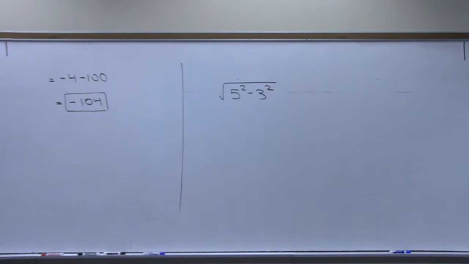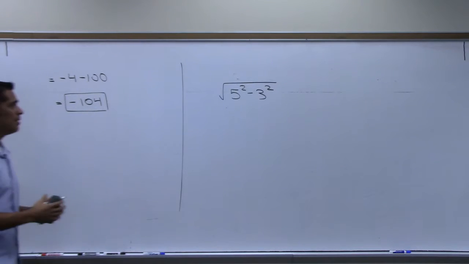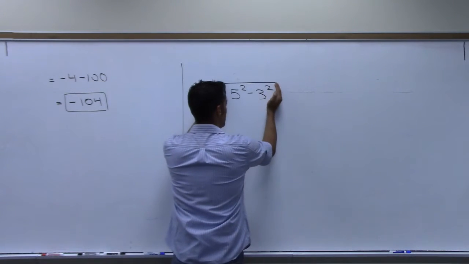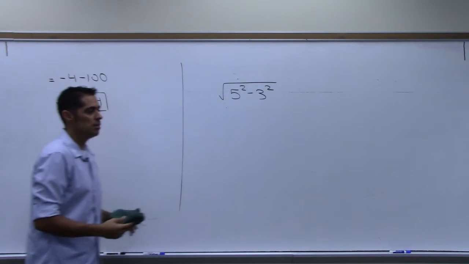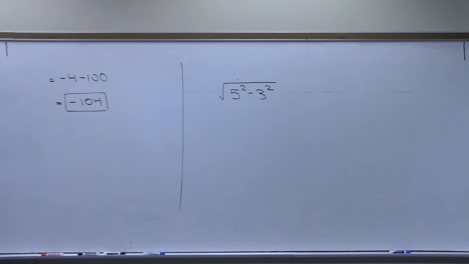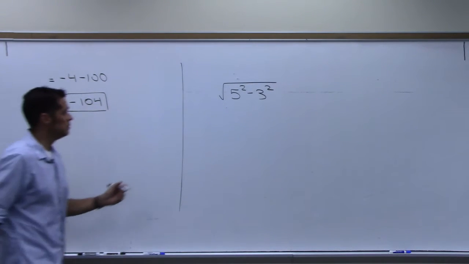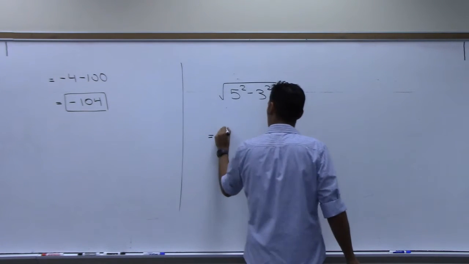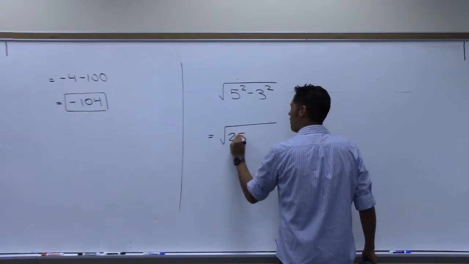So the square root is actually like a parentheses, all right? It's actually like a parentheses. So we're going to do anything inside of that square root first. So what is 5 squared? 25. And what is 3 squared? 9.